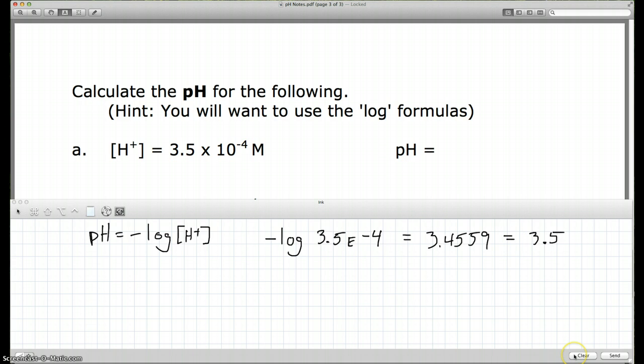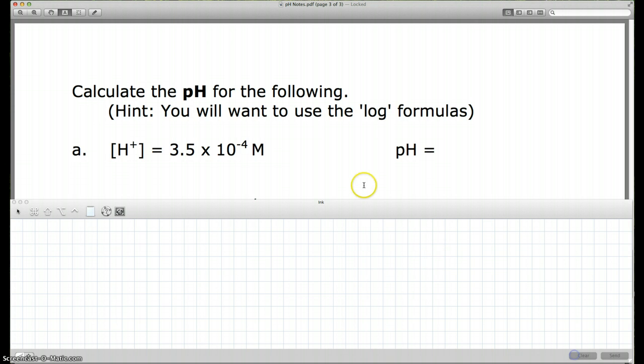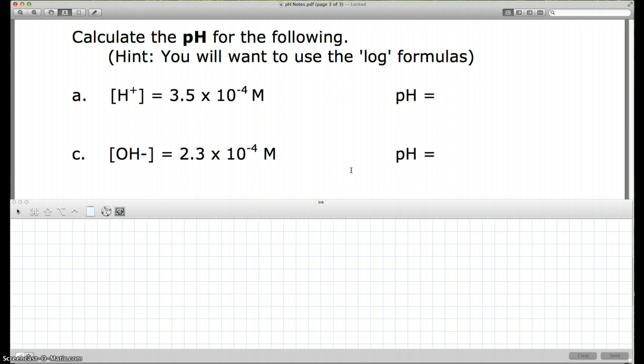The next example is a little bit different in the fact that I'm still looking for pH, but I'm given the OH minus concentration. So since I'm starting with the OH minus concentration, I'm going to use the OH version of the equation I just used.